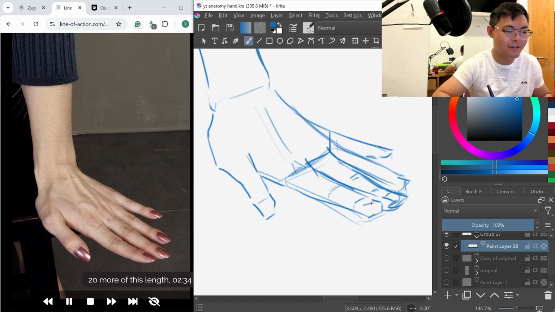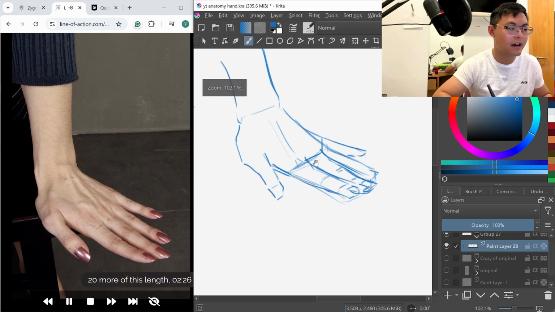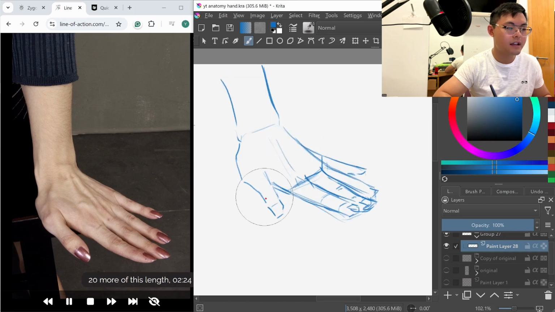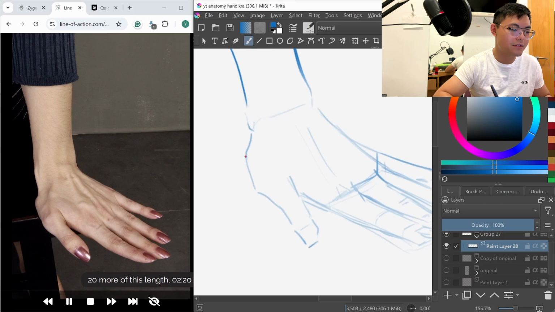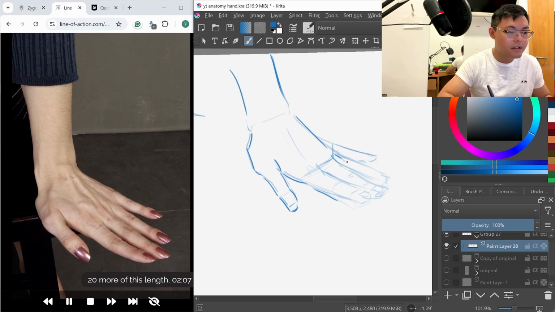It's not a random guy saying anatomy is easy. I want to show you that it actually works. Something like this. Here, here, here, here, here, here, and then one, two.